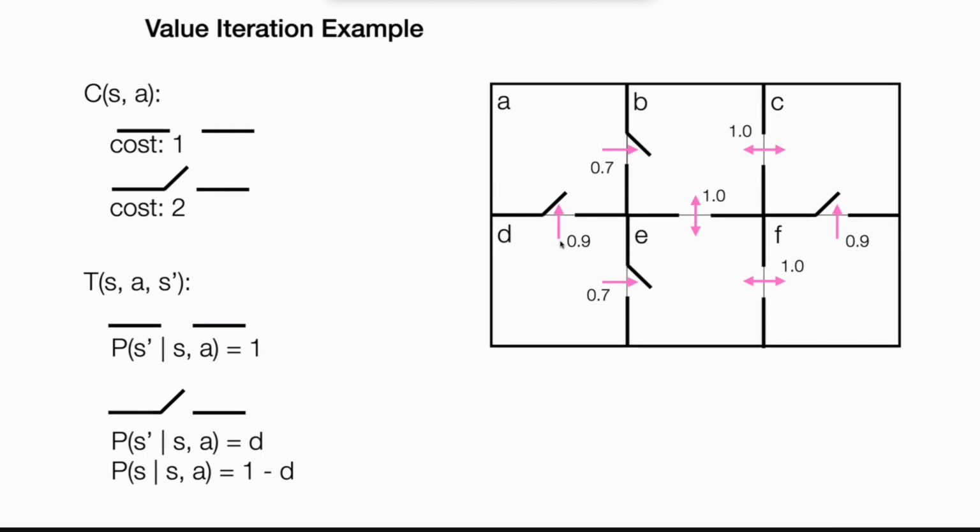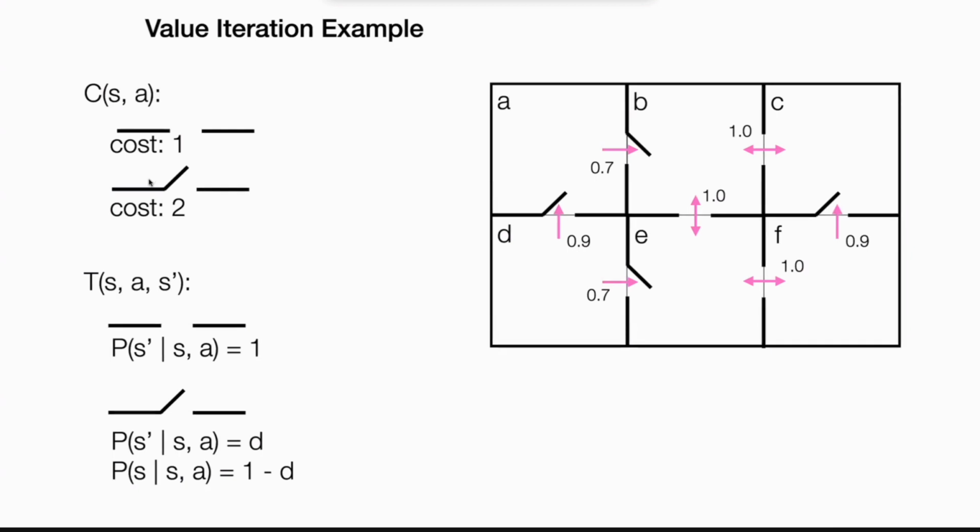And there are two types of doors. There are doors that are always open, or gaps, and doors that actually have some kind of blockage in them. Now, if I try to drive through a gap, it costs me 1. If I try to drive through the other type of door, it costs me 2.